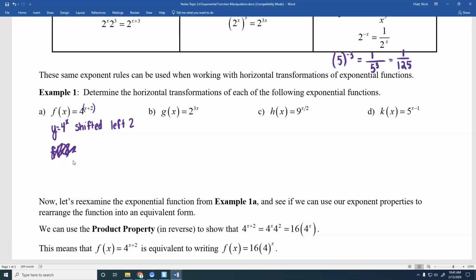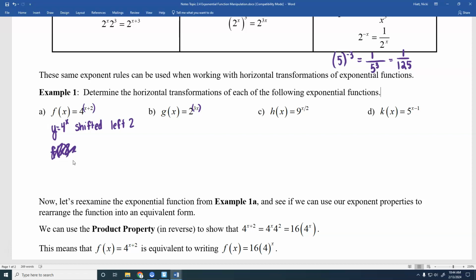What about B? Almost. It is a horizontal stretch or shrink, but everything on the inside of the parentheses, which when you're in that exponent for an exponential, there aren't parentheses there most of the time, but that's where your parentheses would be. Everything's backwards. So if we put a big number, like 3, it actually makes it smaller for that.